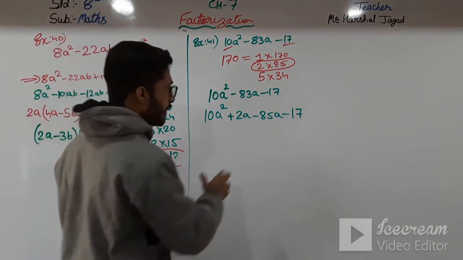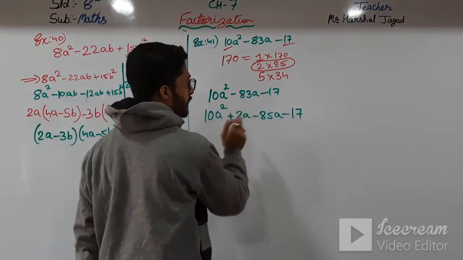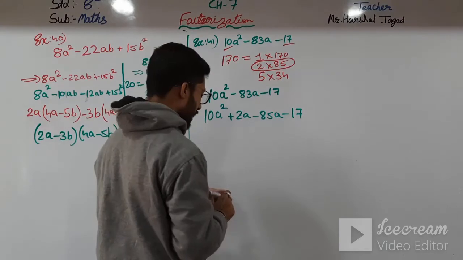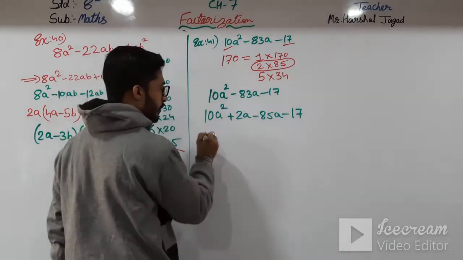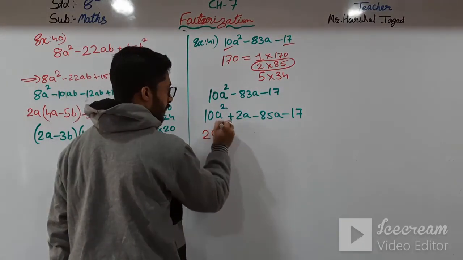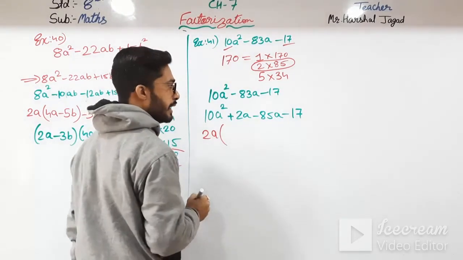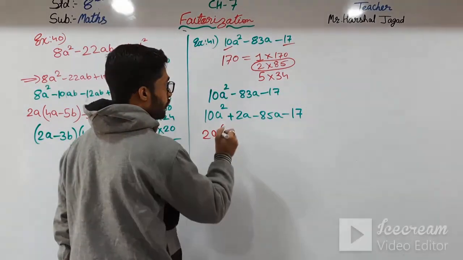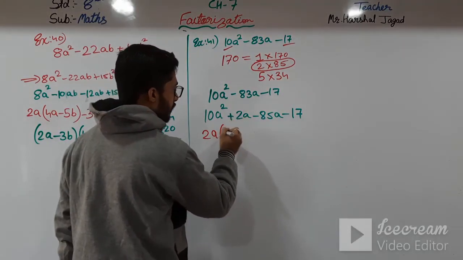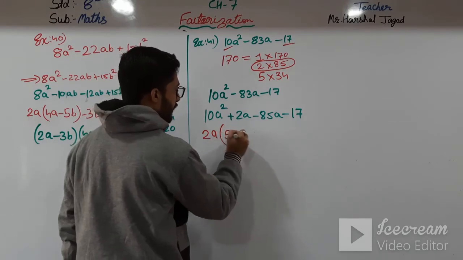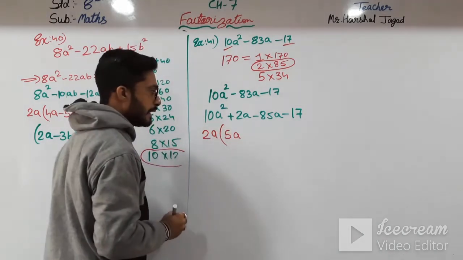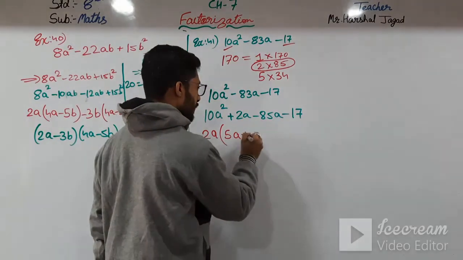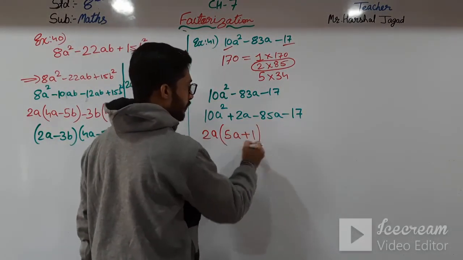Why have we taken minus here? Because here we want the minus sign. Okay, then now here we will take 2a common. 2 5s are 10, that is 10a plus, here it will be 1.